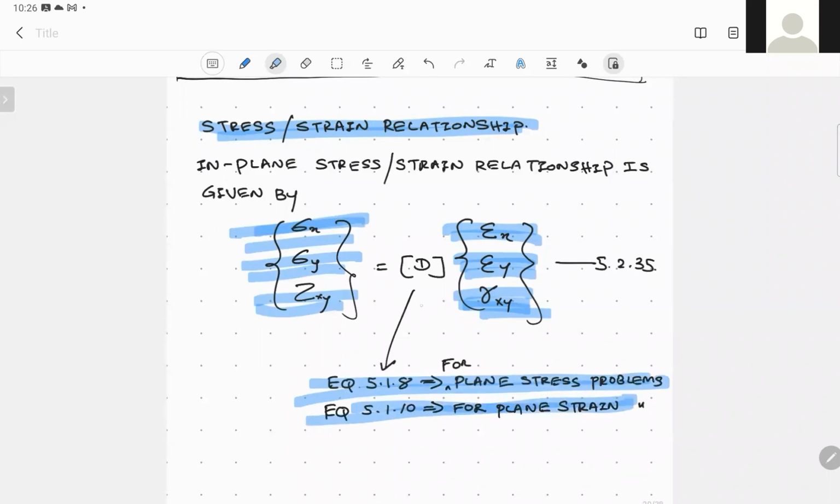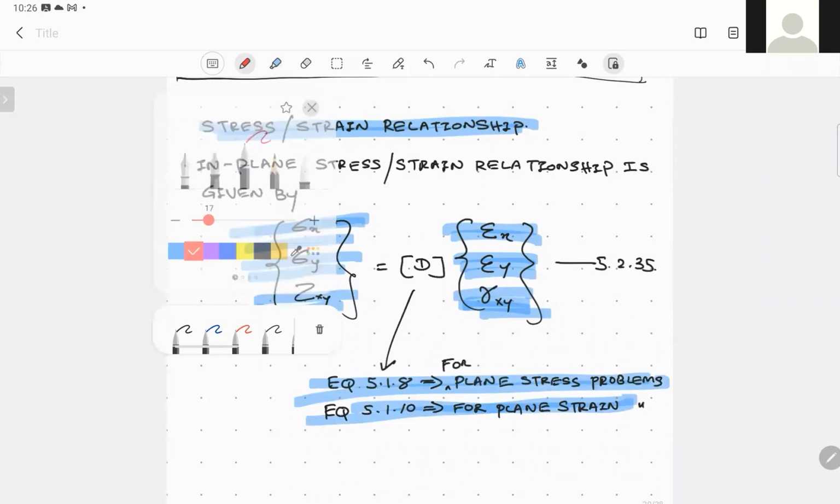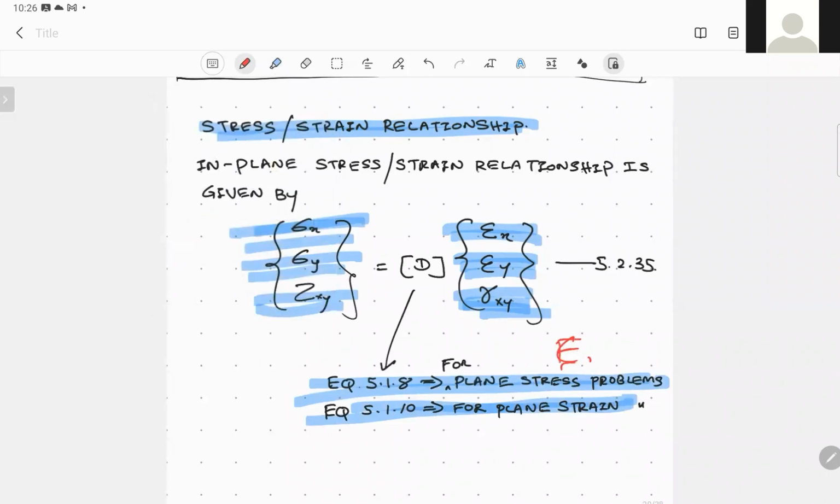With the help of Young's modulus and Poisson's ratio, the constitutive matrix or the stress strain matrix is given for a plane stress case, and a slightly differing form of the matrix is given for a plane strain case, again using material properties such as the modulus of elasticity as well as Poisson's ratio.